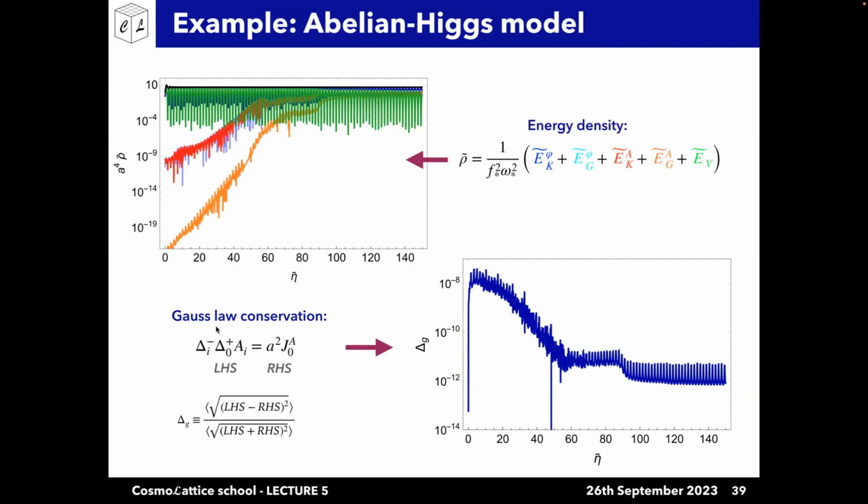Which depends on the time step and the algorithm you were using. In this case, the Gauss law must be preserved always at all times, because we have imposed it in our lattice formulation. Right? So this is the evolution of the Gauss constraint as a function of time.